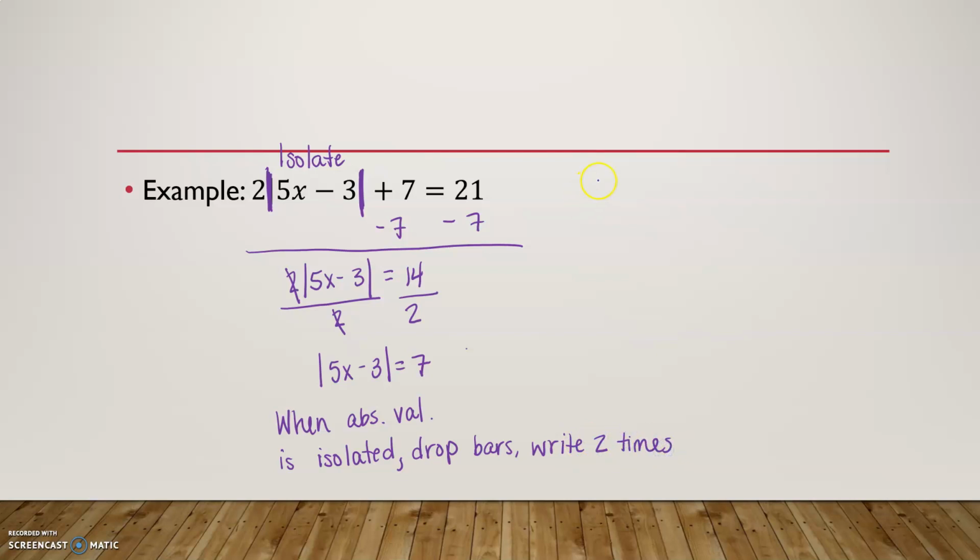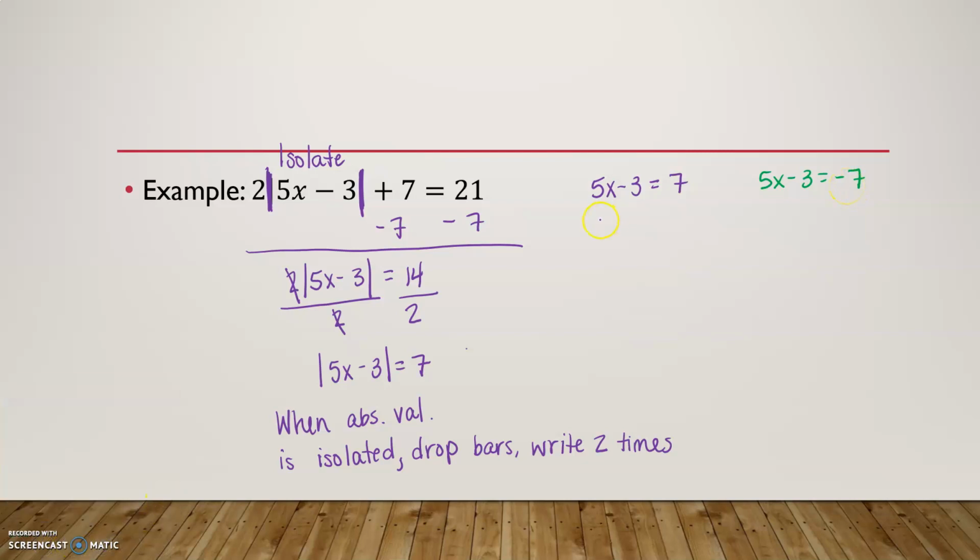So the first time I write it, I'm going to just write it as is. 5x minus 3 equals 7. But the second time that I write it, I'm going to write it 5x minus 3 equals negative 7. And I leave what was inside the absolute value bars alone. I just change what comes at the end.